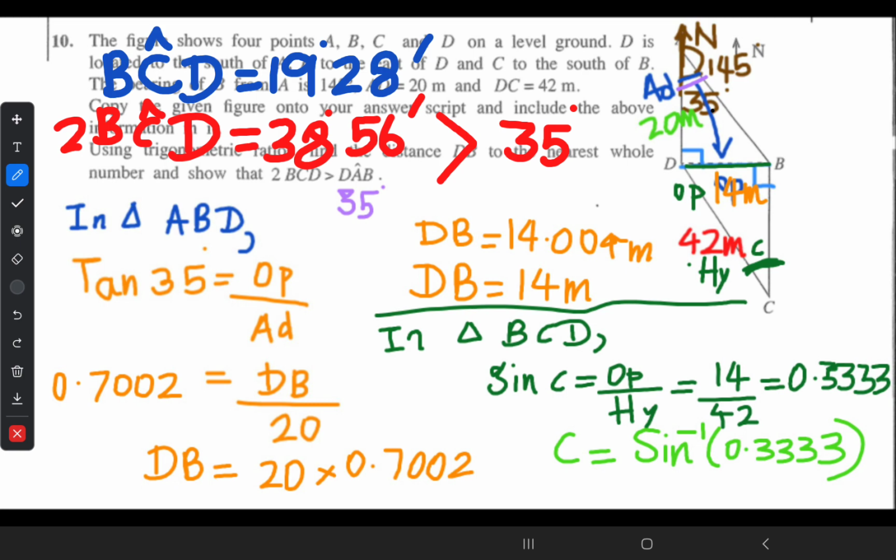Sine C is 0.3333, so angle C is sine inverse of 0.3333. Using the sine table, we found angle BCD as 19 degrees 28 minutes. To show 2 times BCD, we found 38 degrees 56 minutes, which should be greater than DAB, which is 35. So you can finally show your answer like this: 38 degrees 56 minutes, which is greater than 35 degrees. That's all.